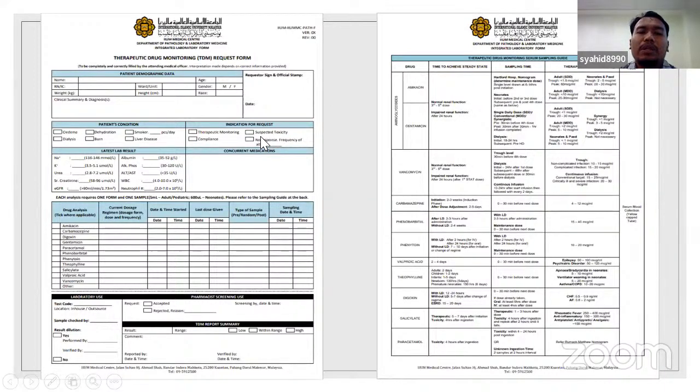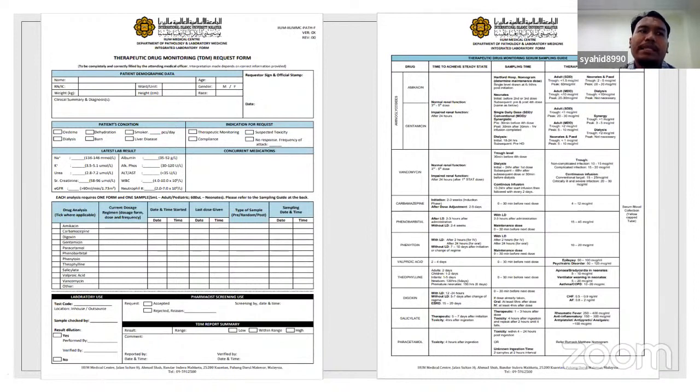Indication of request. If you want to do routine therapeutic monitoring, just stay at therapeutic monitoring. And if the patient is suspected of toxicity, kindly tick the appropriate square.